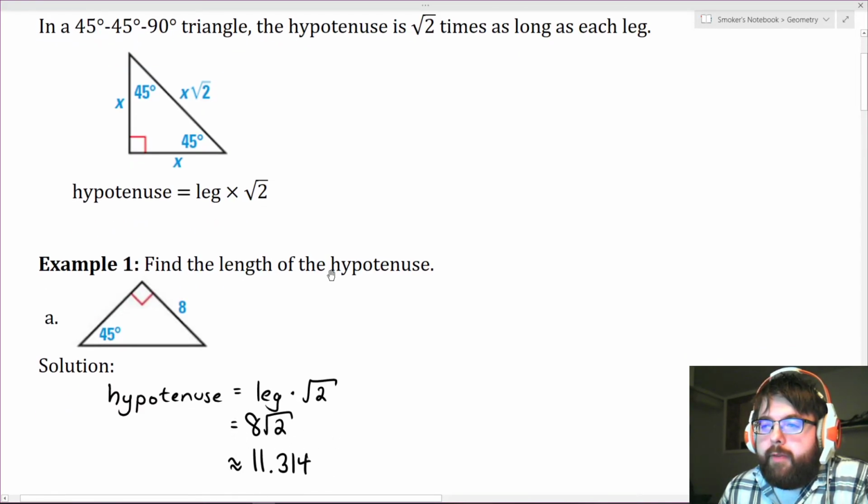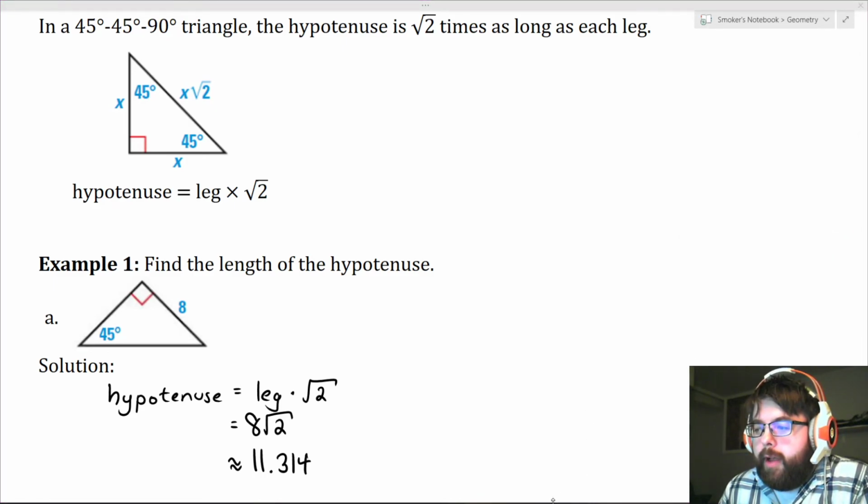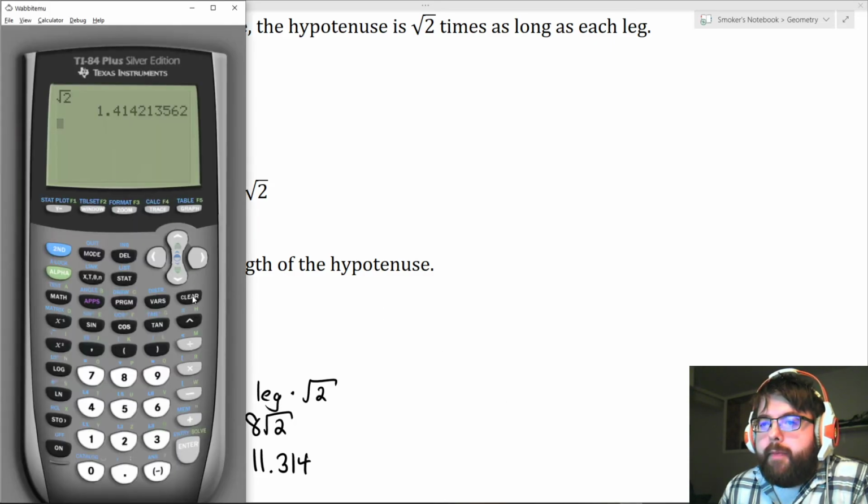This problem doesn't say it, but some problems that you do in the book and on work packets will say leave the answer in simplest radical form, 8 root 2. Some problems it might make more sense to put it in decimal form.